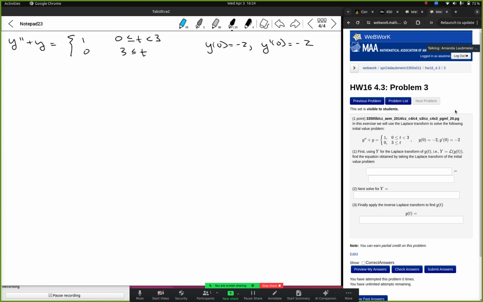Okay, and it does that thing where there's a few different boxes where you have to put your answers. First, we're going to put Laplace of left in the first box, Laplace of right in the second box. Then we're going to isolate capital Y, put it in the third box, and then we're going to find the solution, little y of t, and put it in the last box.